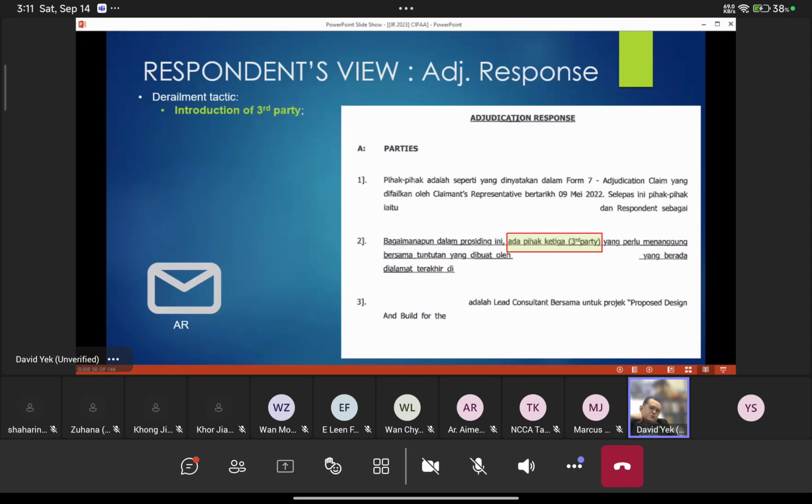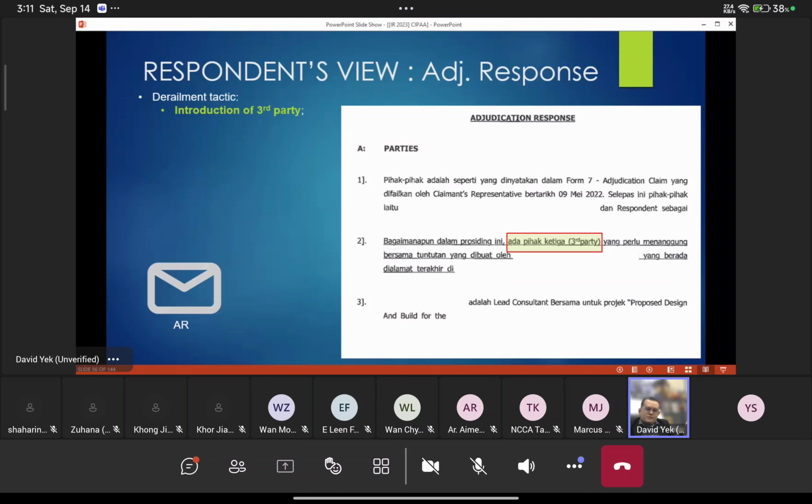Now, what is in the adjudication response? In this case, the response came in Bahasa Malaysia, so it is stated here in BM. The adjudication response usually is the response to your claim.